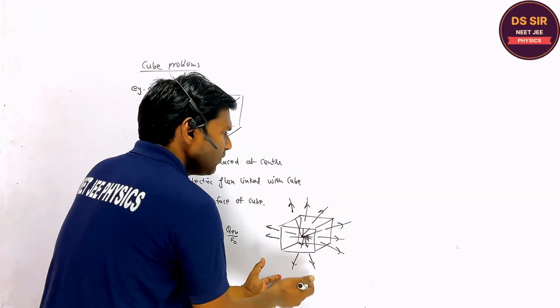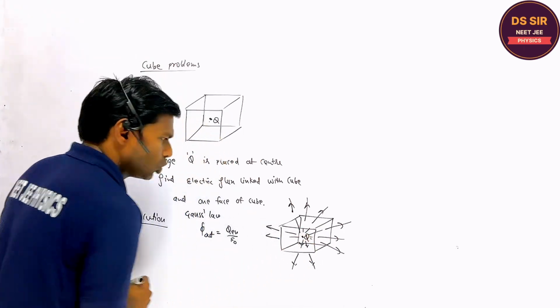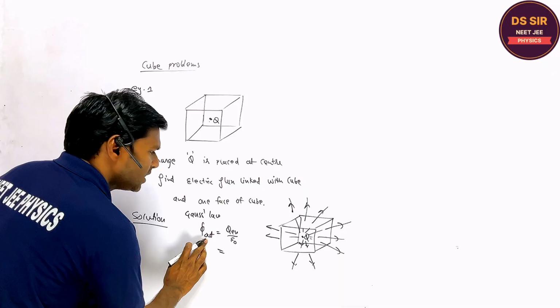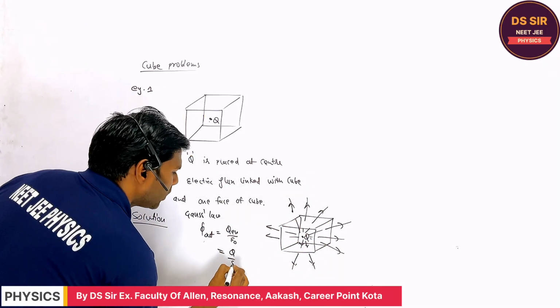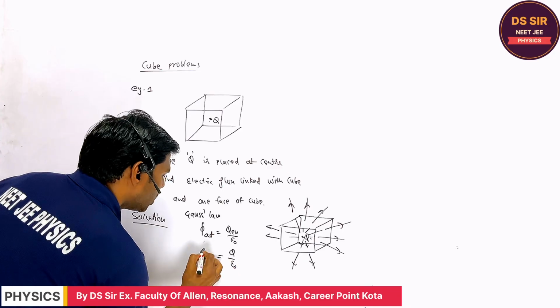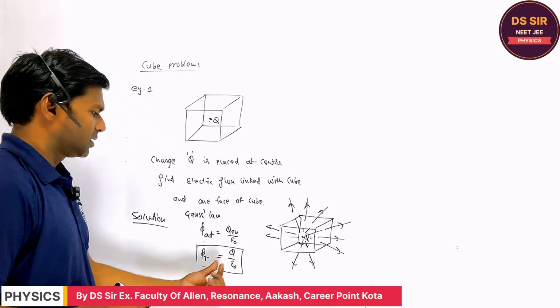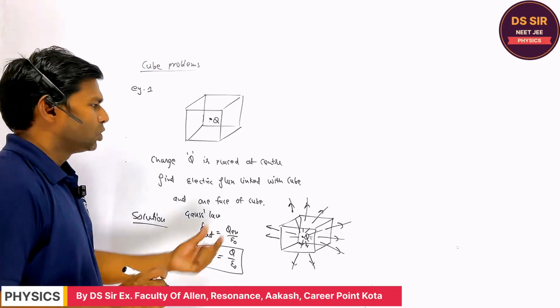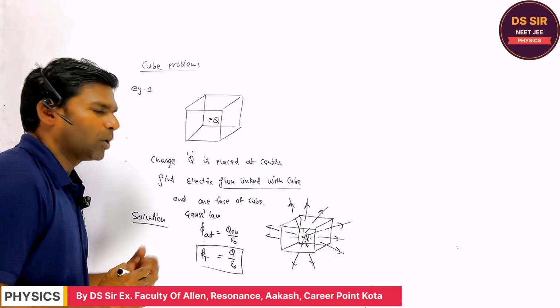So what is the total flux linked with this cube? The total flux is nothing but the charge enclosed. What is the charge enclosed by this cube? Say Q upon epsilon naught. So the total flux linked with this cube is Q upon epsilon naught. This is the first part.